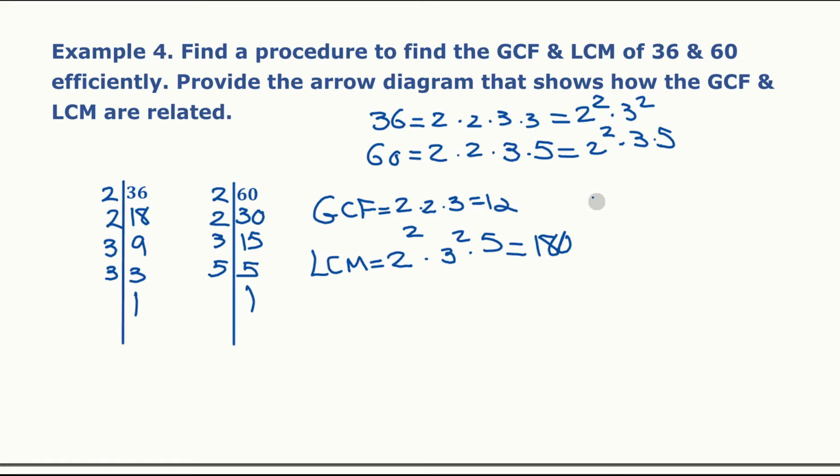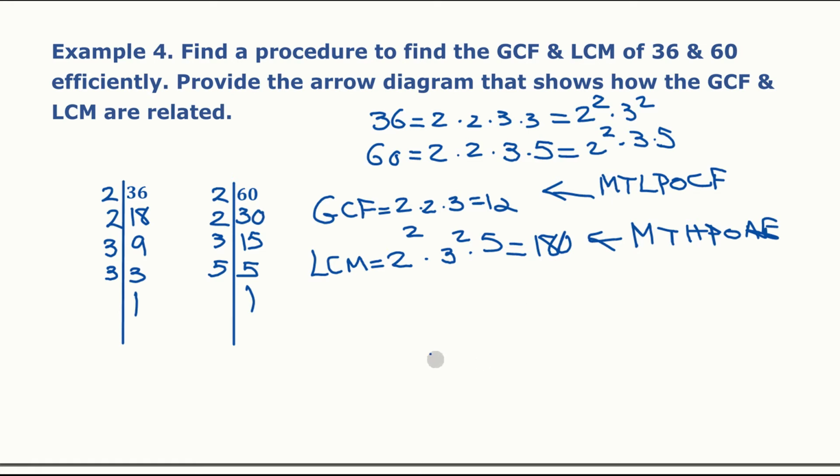So the procedure for finding GCF is we're going to multiply the lowest power or powers of common factors, and the procedure for the LCM is that we're going to multiply the highest power of all factors, because remember, it needs to be large enough so that they both go into it, right? So very simple, very powerful procedures, right?